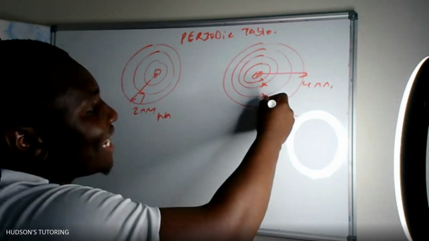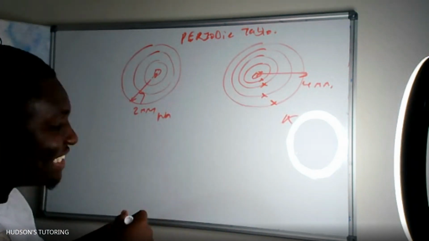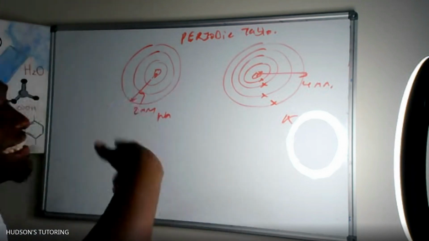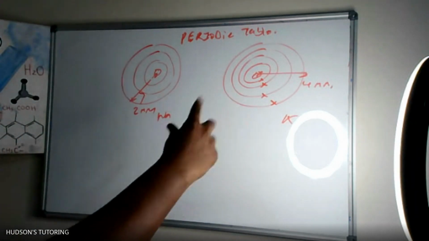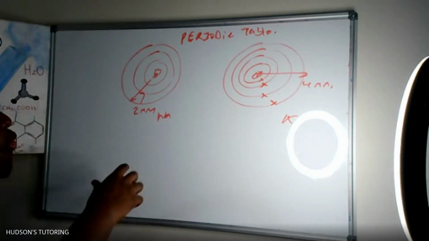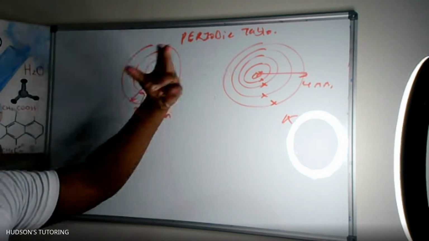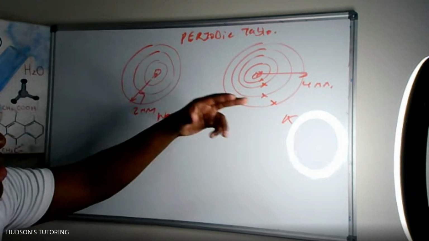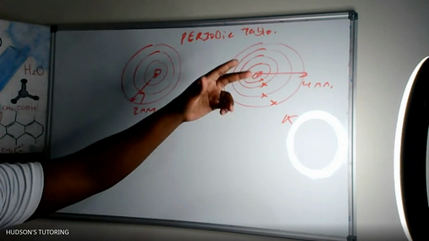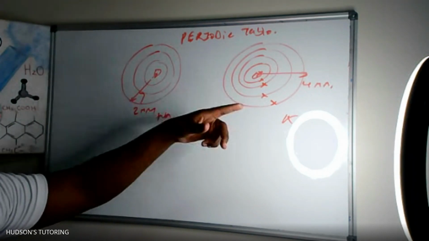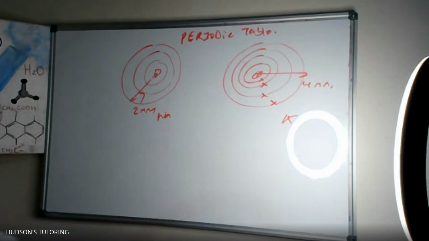So the outer electron, as you go down a group, is weakly held. So it is easier to remove electrons going down the group than to remove electrons higher up the group. Why? Because there is an increase in shielding effect brought about as a result of an increase in atomic radius. Everybody following me?